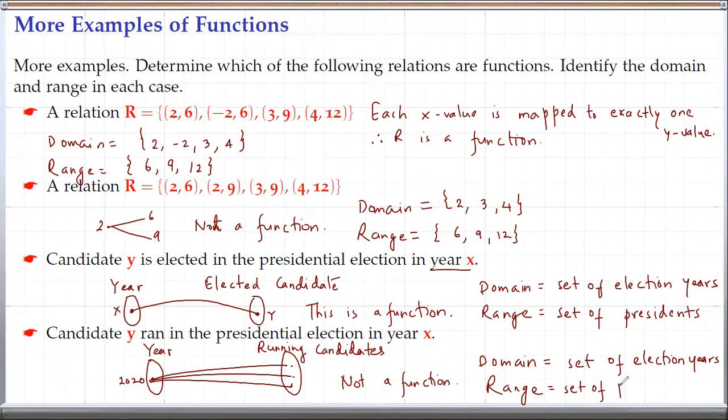Set of presidential candidates. So that would be the range. So basically in all of these examples, we need to make sure one X value is being mapped to only one Y value for the relation to be a function.